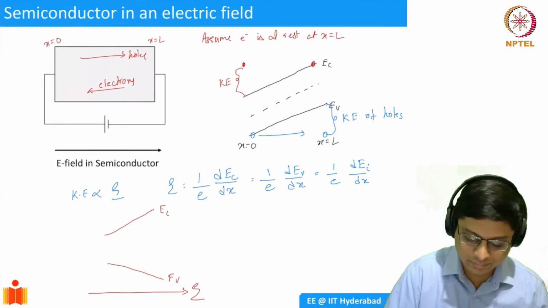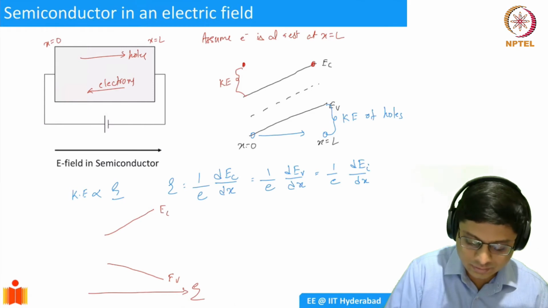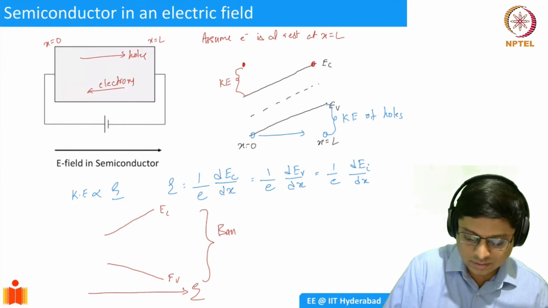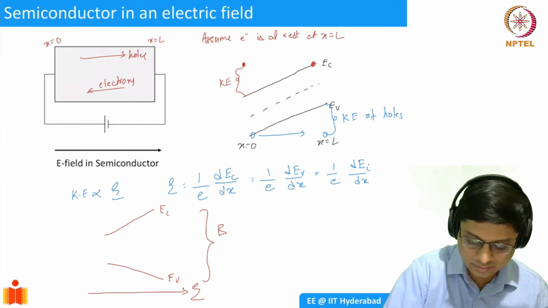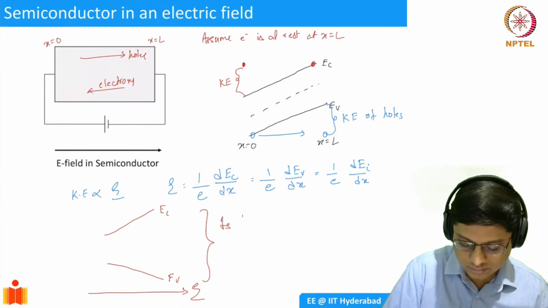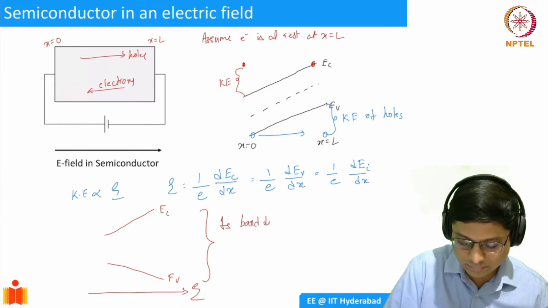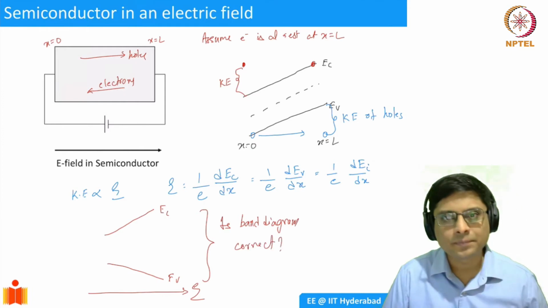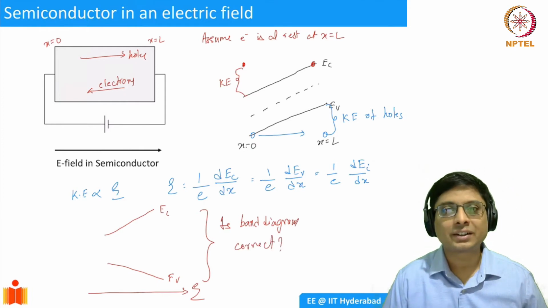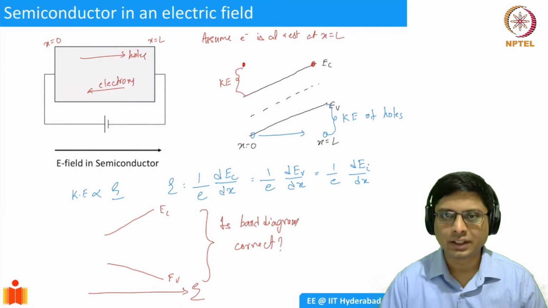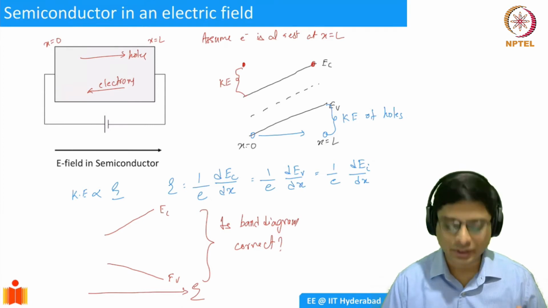Think a moment. If you think it is correct, why is it correct? If you think it is wrong, why is it wrong? You can pause the video a moment and think about it.